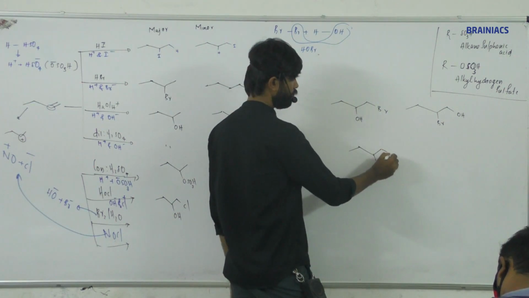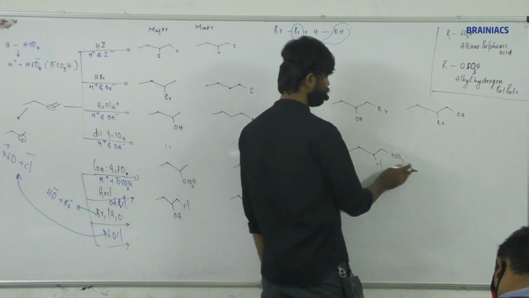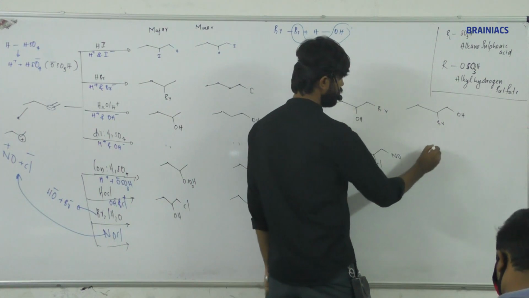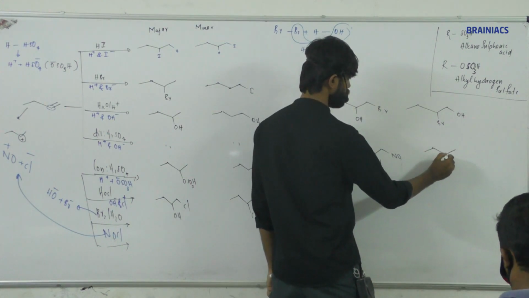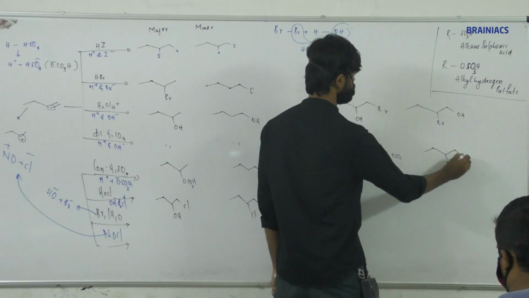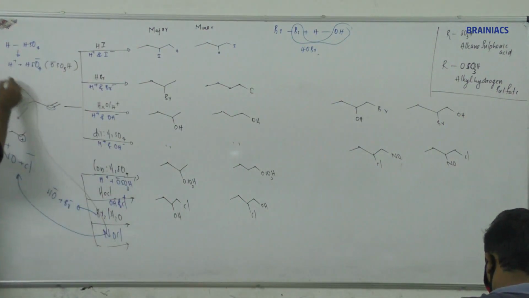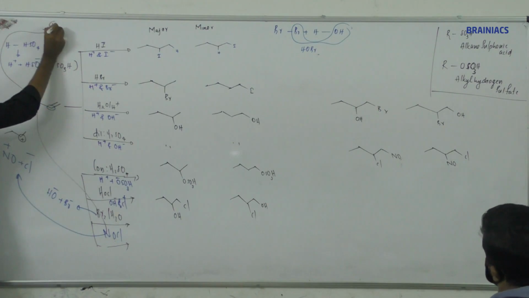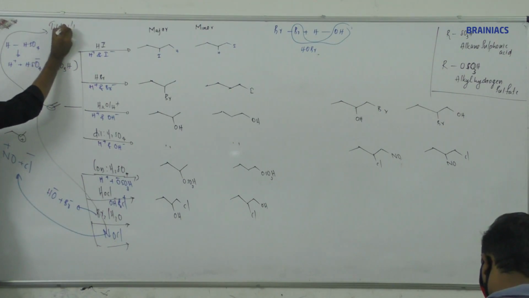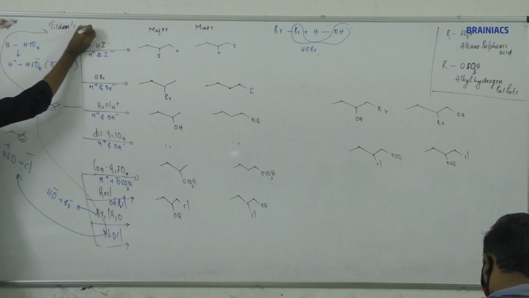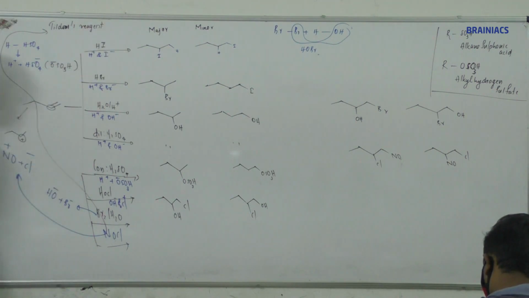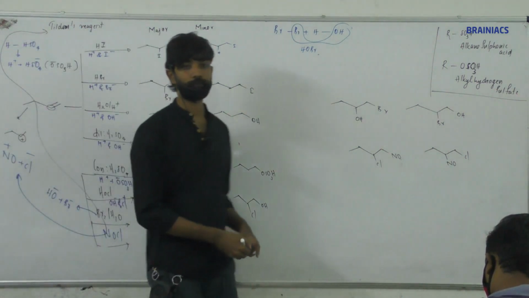So Cl will be on the Markovnikov position. The molecule NOCl is known as nitrosyl chloride or Tilden's reagent. NOCl, nitrosyl chloride. Okay, fine.